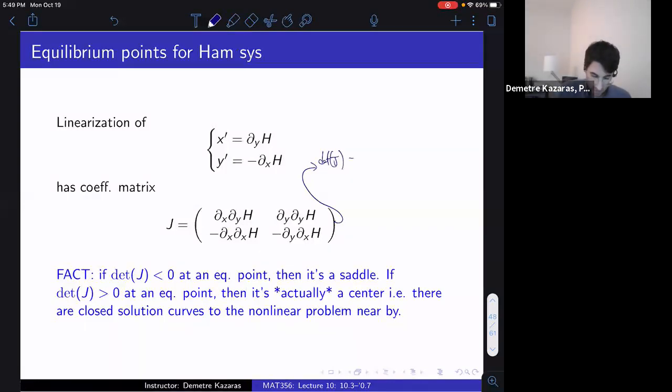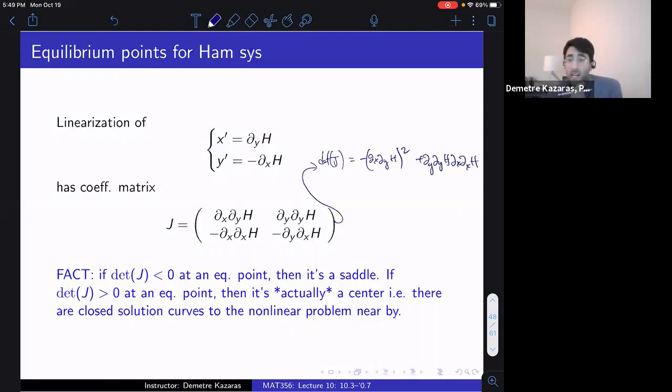The determinant of J is going to be minus the partial x, partial y of h, squared, since the order in which you take partial derivatives does not matter as long as h has good second derivatives, plus partial yy of h times partial xx of h.